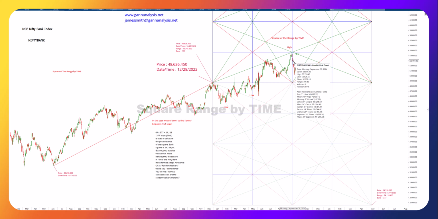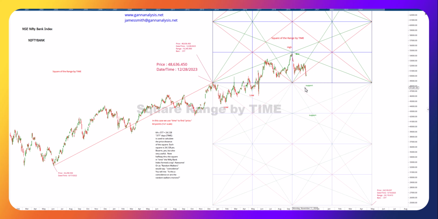And now maybe you don't know if it's the all-time high. You just know it's a high. And then once it starts breaking below these Gann lines, then you know, okay, maybe this is a correction. And if you take out 48,636, that former high from December of 2023, wow, you're going to start a waterfall decline. Now, maybe it won't do that. You can argue with me and say, well, no, it's going to bounce off and go higher.